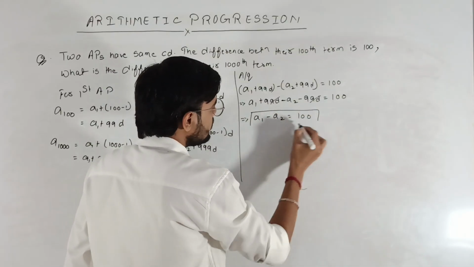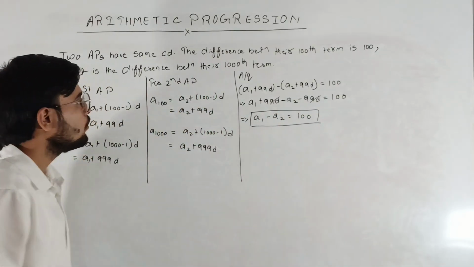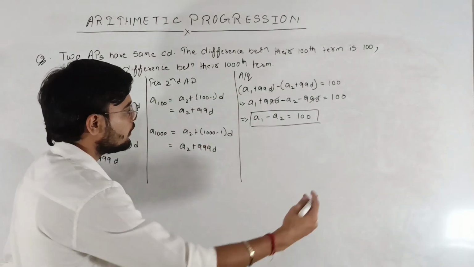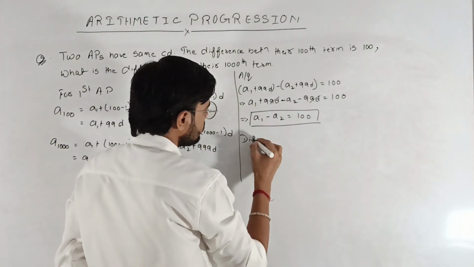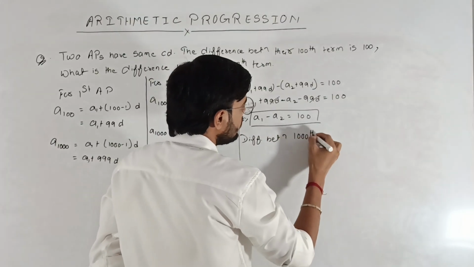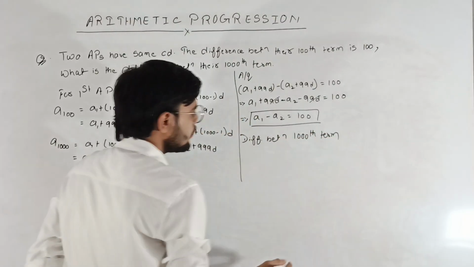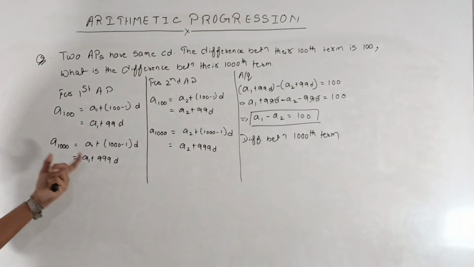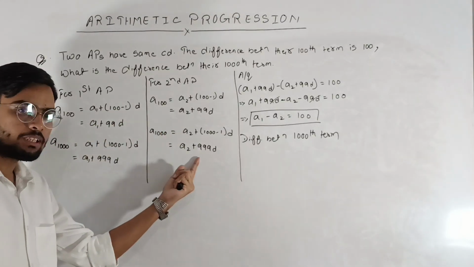Now we have to find the difference between their 1000th terms. The 1000th term of the first AP is A1 plus 999D, and the 1000th term of the second AP is A2 plus 999D.